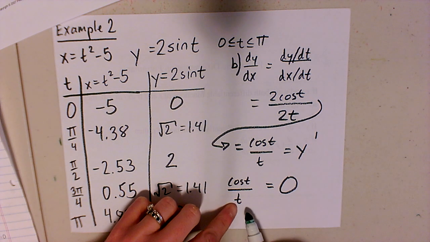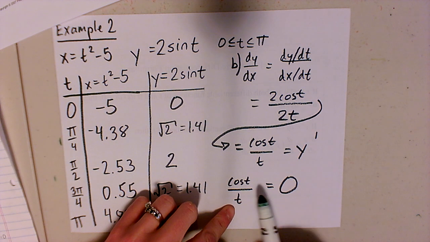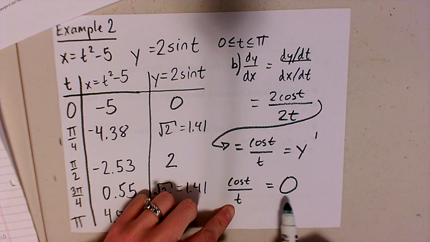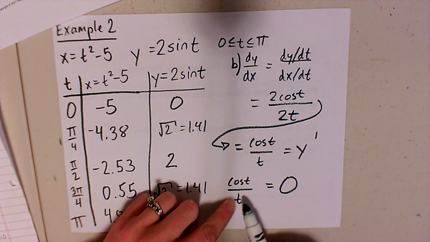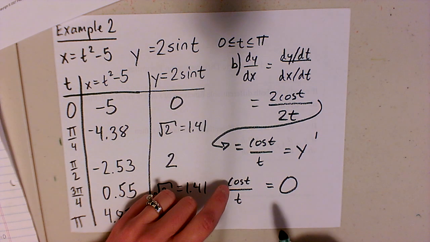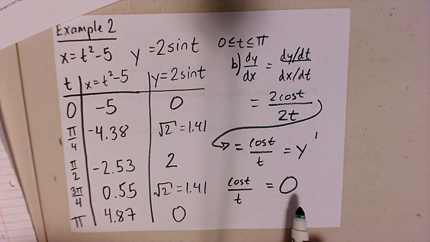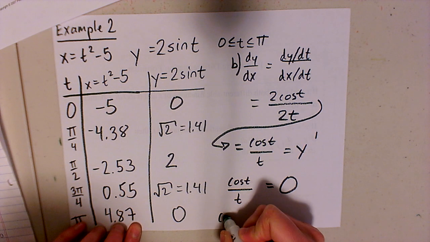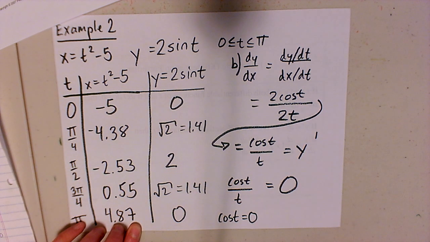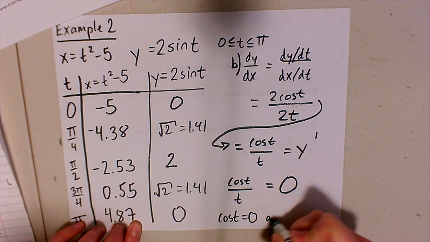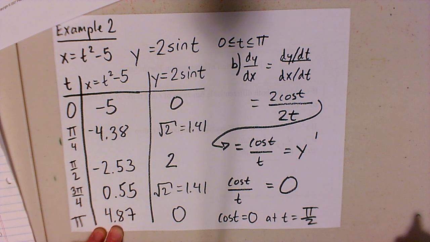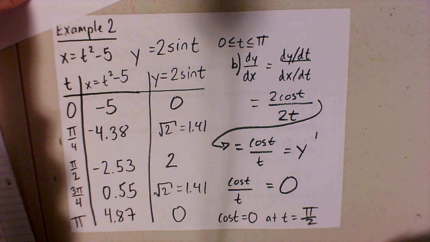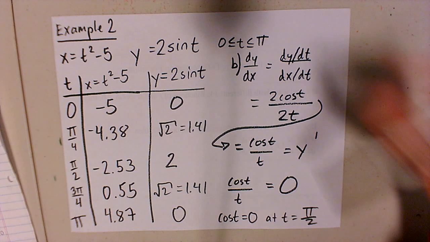So we set our first derivative equal to 0 here. Now we have to solve this. If we're trying to figure out where this rational function equals 0, the value of t isn't going to matter as long as it's not 0. So what really determines this is the fact that cosine t equals 0. We know that cosine t is going to be 0 when t is pi over 2.